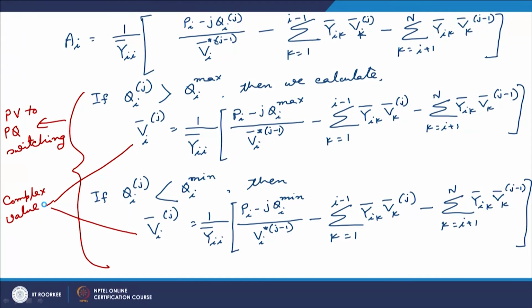So far we have done this calculation only for the generator buses, and for the load buses this is very simple. For load buses, for i equal to m plus 1, m plus 2 to n, we do the same thing, it is very standard, very simple.